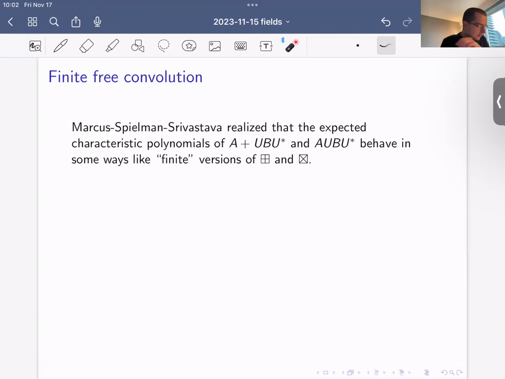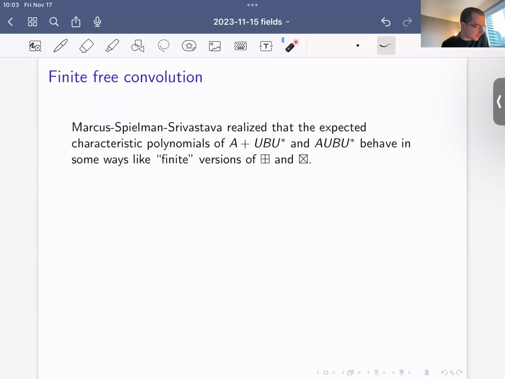So the starting point for finite free probability is this result of Marcus, Spielman, and Srivastava, where they realized that the expected characteristic polynomials of these sums and products of randomly rotated matrices, where A and B are fixed deterministic D by D matrices, behave in some ways like finite versions of the free additive and multiplicative convolutions in free probability.